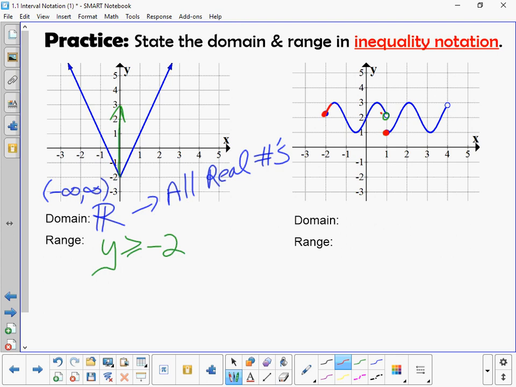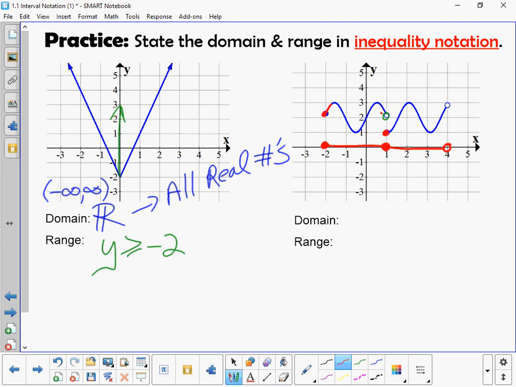For this domain, it looks like, and I'm going to kind of draw it on the x-axis as if it was a number line. It starts at -2, it goes up to 1, open circle, and then closed circle on top of that, all the way up to 4. So you can see that if you kind of draw it this way on the x-axis, this closed circle sort of fills in this open circle in the x direction.